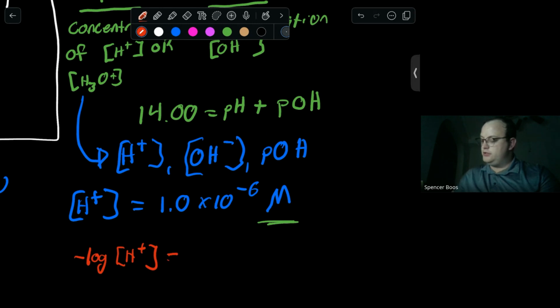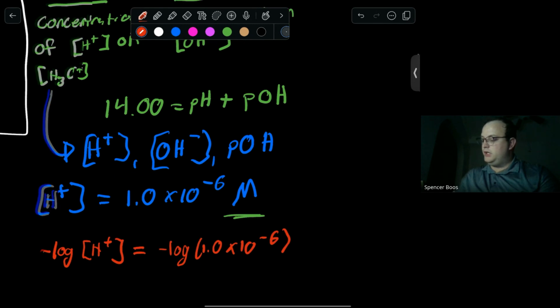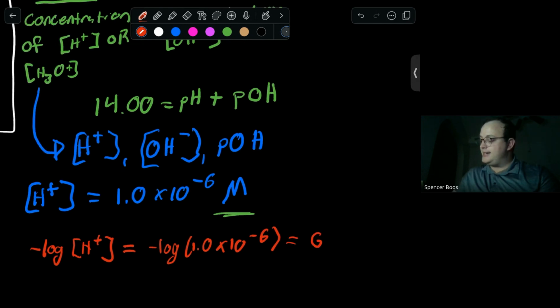So this would be equal to the negative log of 1.0 times 10 to the negative 6, which we all know is 6. So the pH of this concentration would be 6, which would also classify it as an acid.